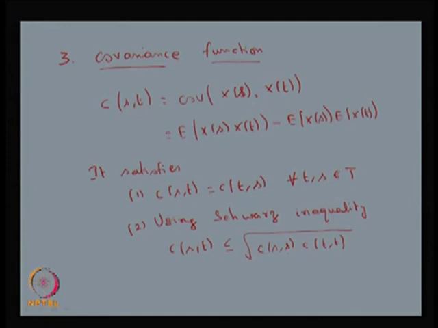Therefore, C of s comma s is nothing but the variance of X of s, and C of t comma t is the variance of X of t, and this is the square root of the product of the variances. So, this is going to be a finite quantity. Therefore, C of s comma t has the upper bound, the square root of the product of the variance of X of s and X of t.